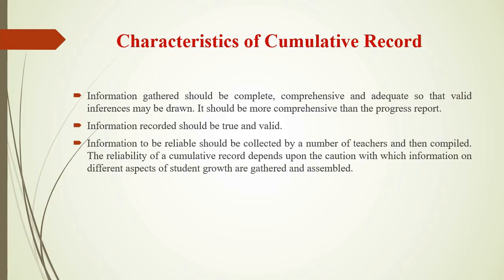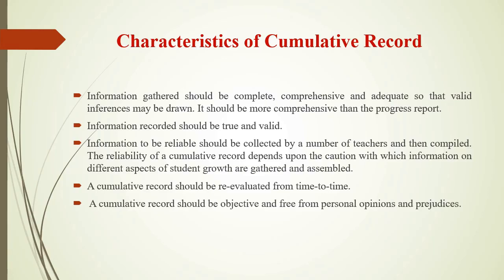To be reliable, information should be collected by a number of teachers and then compiled. It should be evaluated from time to time. It should be objective and free from personal opinion and prejudices. It should be visible.